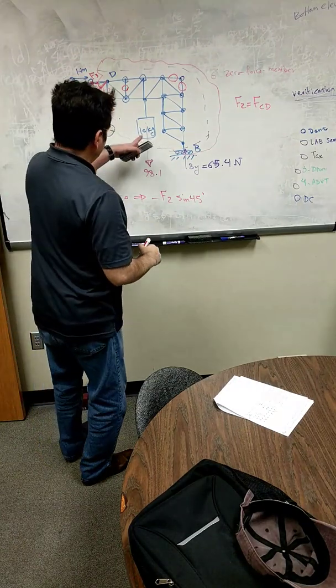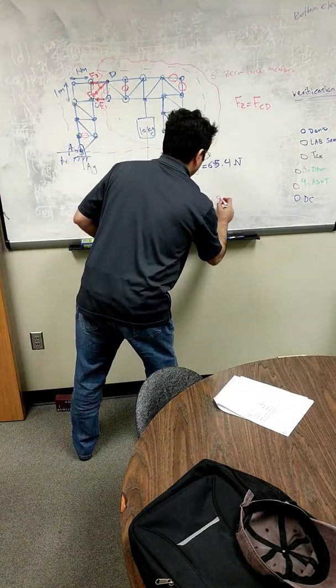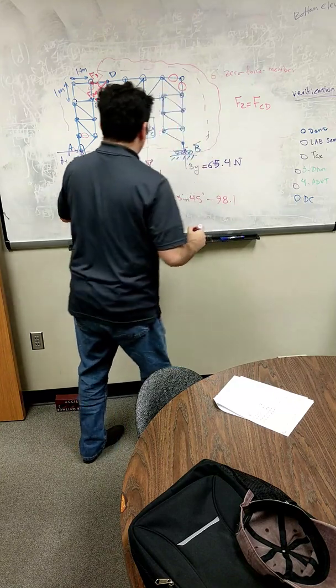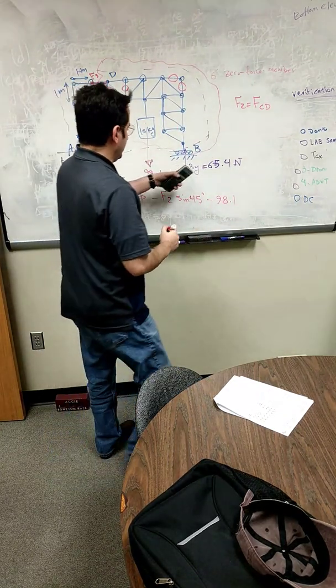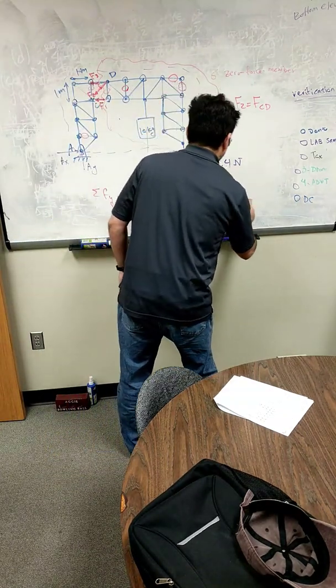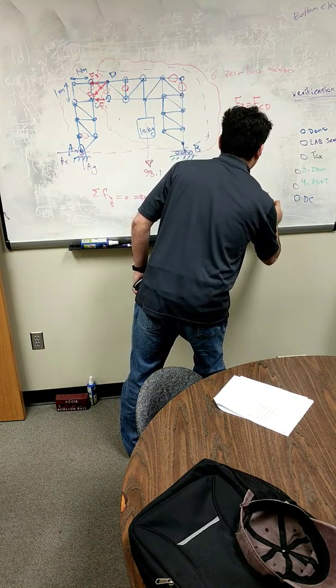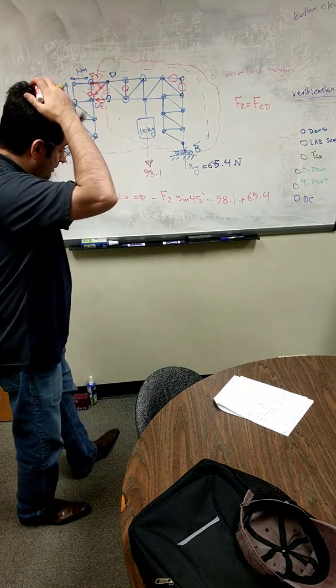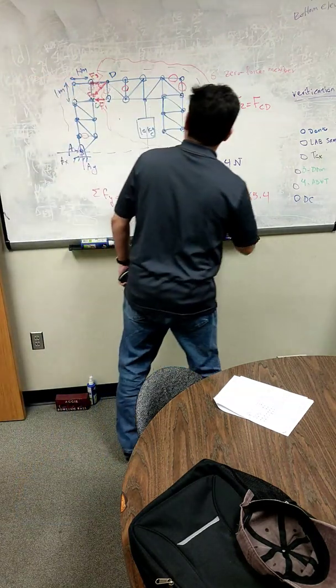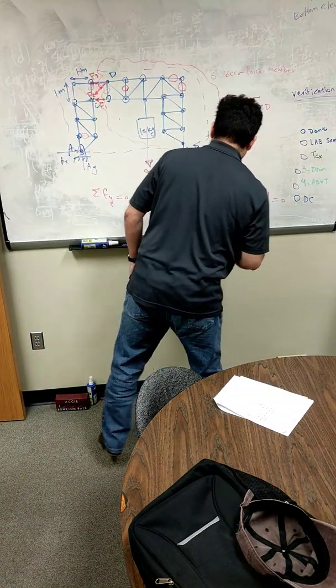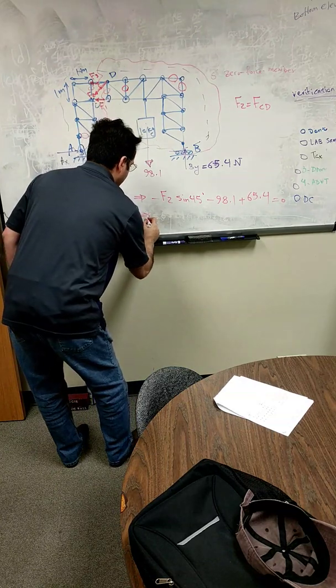And then you go here, negative 98.1. And then you go to this guy, plus dy, which is 65.4, is equal to 0. So that gives you the answer.